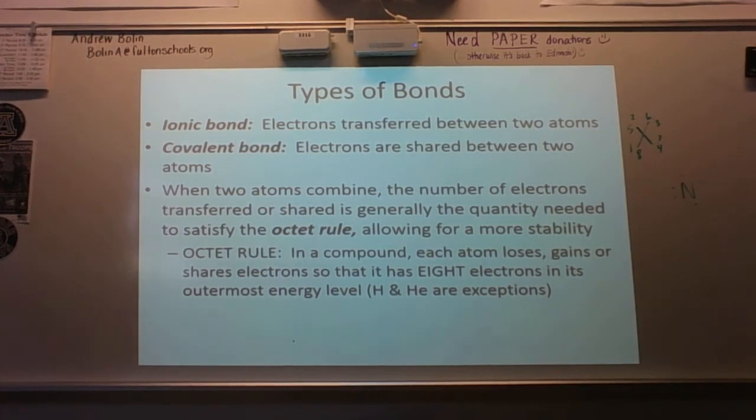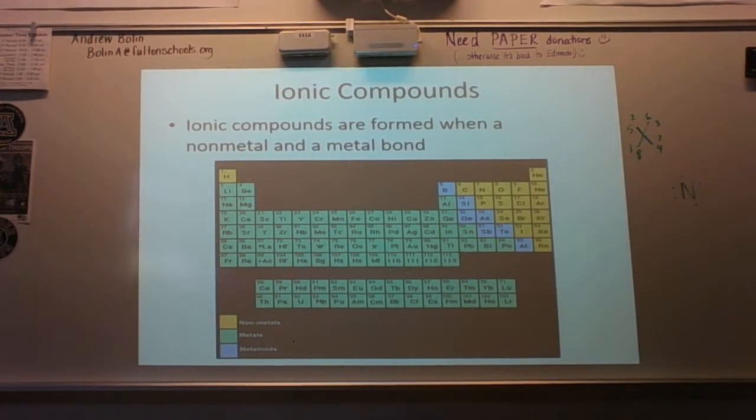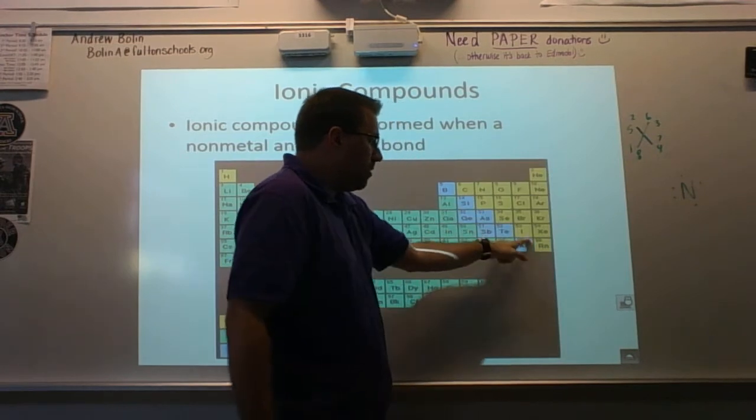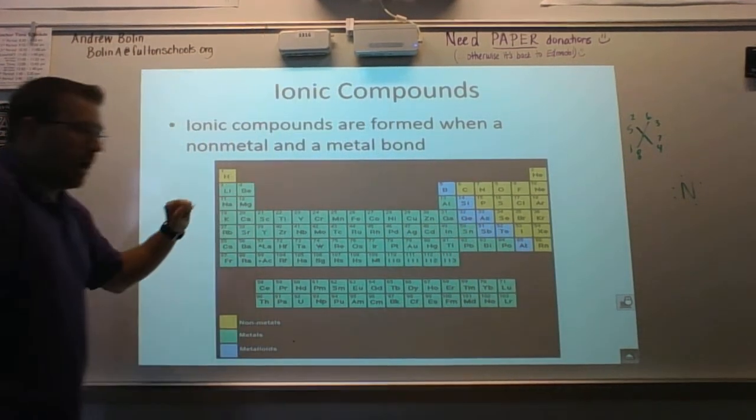Alright. So next one. Here we have where I told you ionic compounds are formed when a metal and a non-metal bond. So remember, ionic is metal and non-metal. So on your periodic table, last week we shaded in all the different types of elements. So including hydrogen, all of your nonmetals are predominantly right here, and then hydrogen's included.